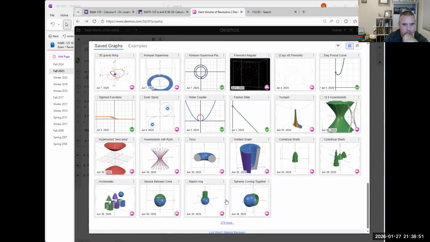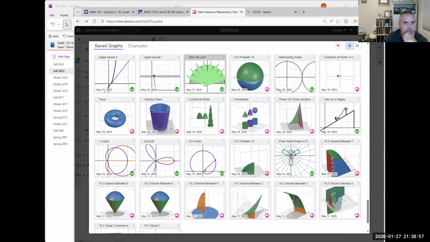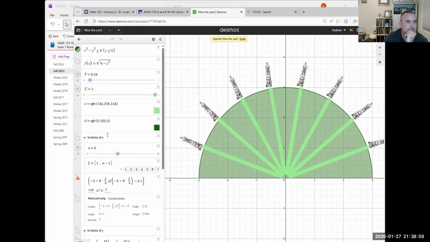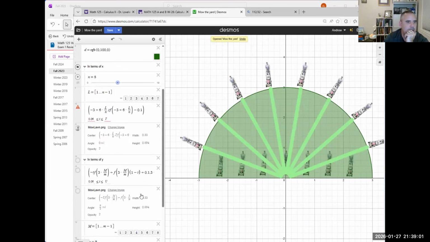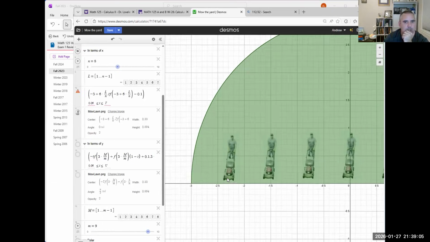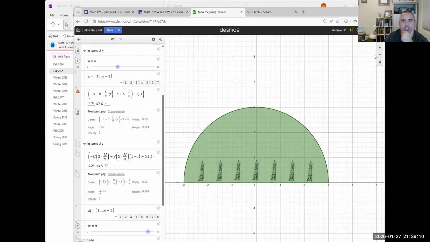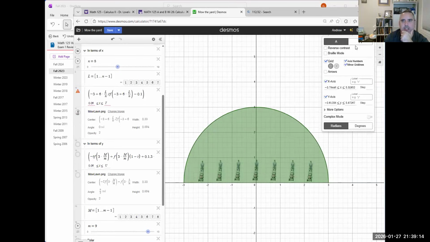But the thing I was going to show, if I can find it, I got a lot of stuff here. So there's me with my lawnmower. This is just building off of today. And here is, let's get rid of the grid.